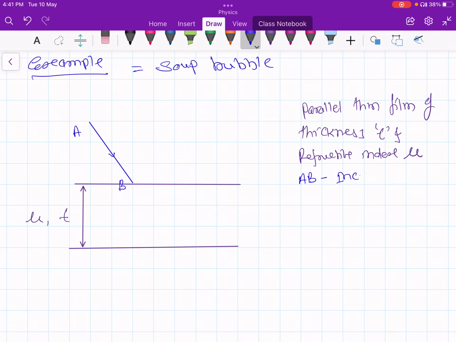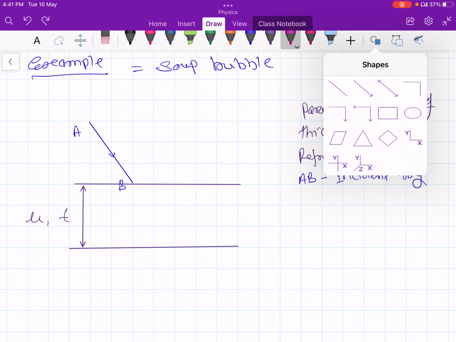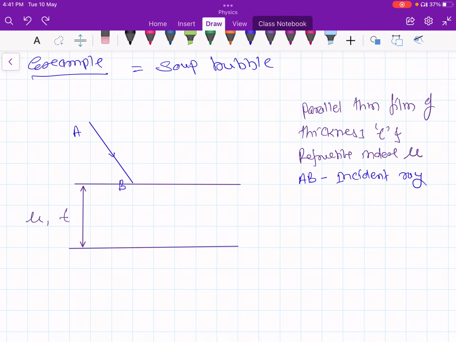Let me show you the normal at point B. I am going to draw the normal at point B to the film. So this is the normal to the film at point B.